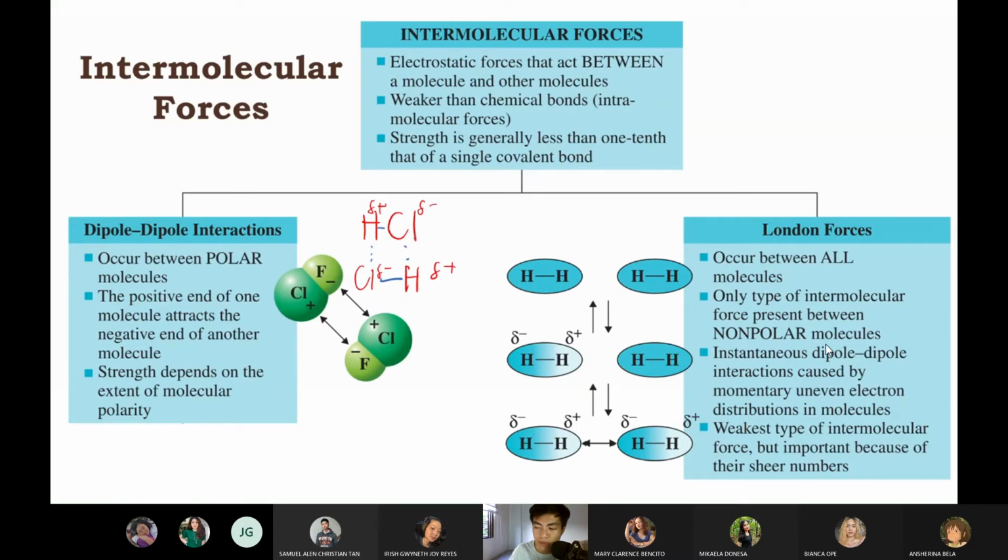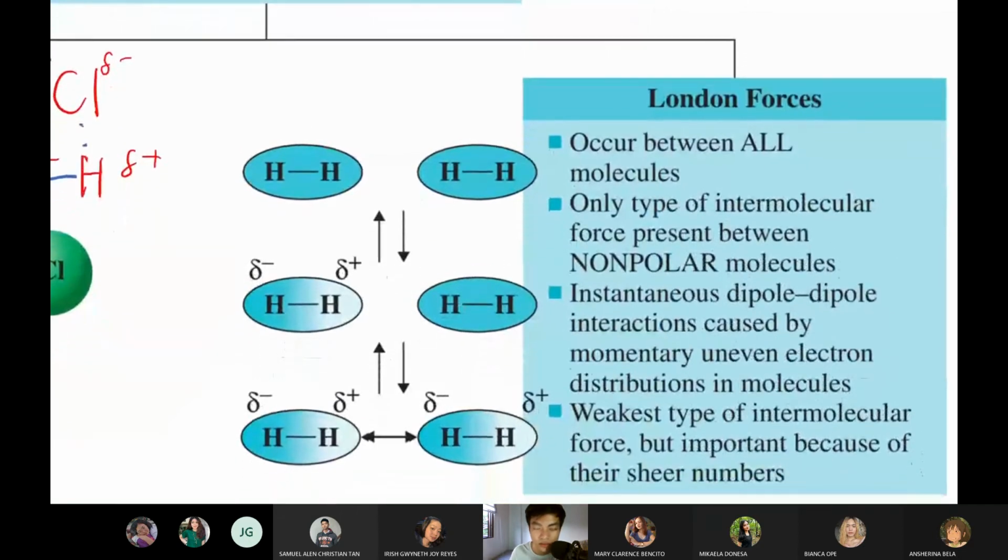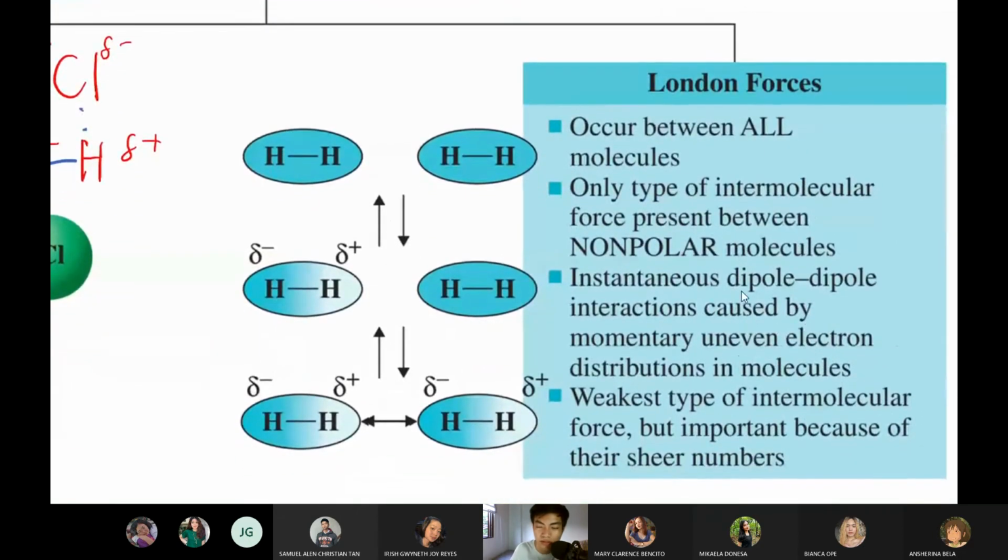And also, we have London dispersion forces or London forces. Bakit London? Sa London kasi na-discover to. Okay. So, yan. So, London dispersion forces is present in all molecules. Okay. And this is the only type of intermolecular force between nonpolar molecules. Okay.